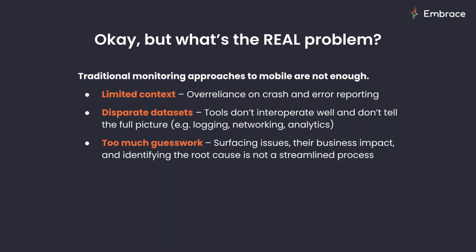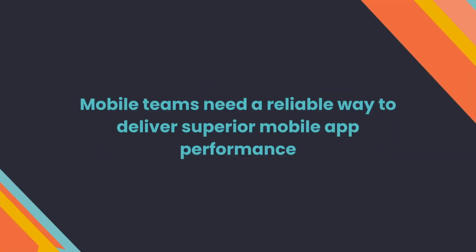And all the traditional monitoring solutions have turned around a solution which was working for the server side, but doesn't really work for mobile. For example, they look at one tool for networking data, another for logs, another for crashes, and another for user journeys. All this results in mobile teams guessing at the root cause instead of having a reliable path forward. Mobile teams need a reliable way to deliver superior mobile app performance.